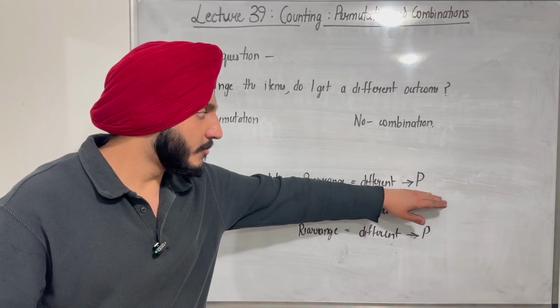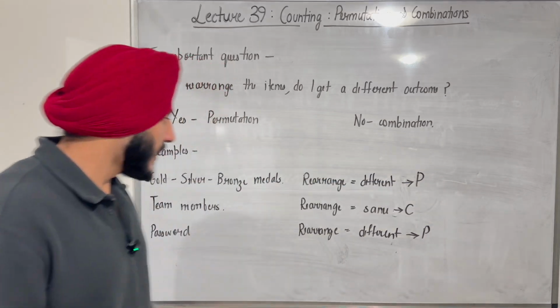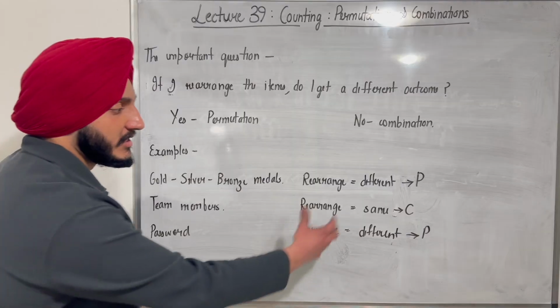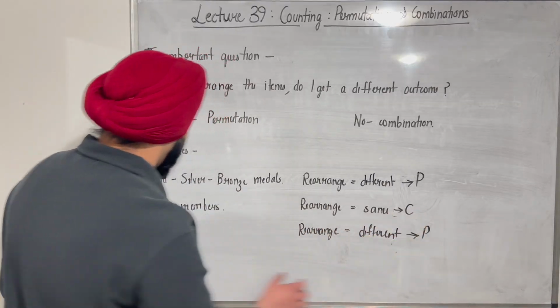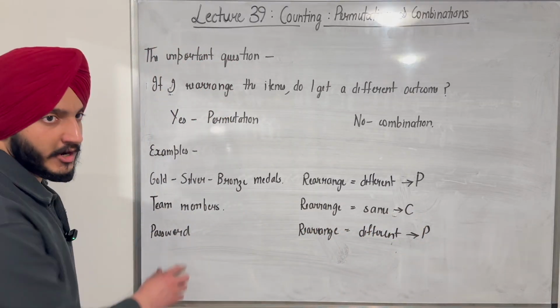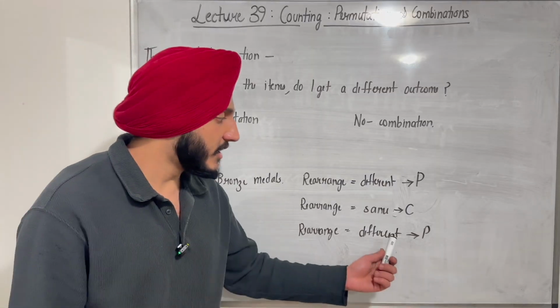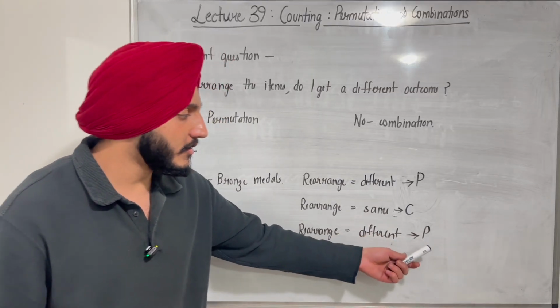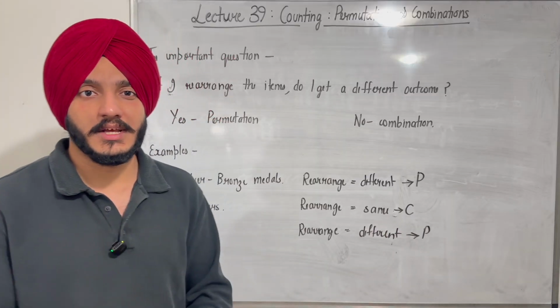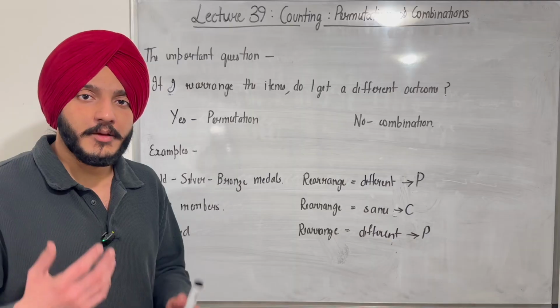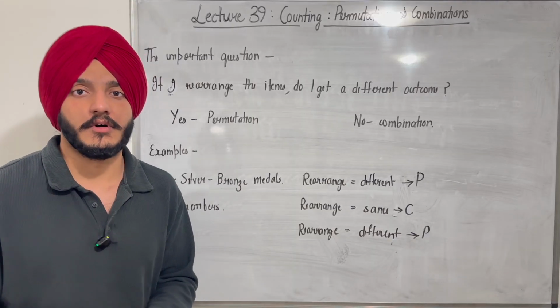So that's why it would be a permutation, right? Okay. Team members, if you rearrange the team members, that would be the same thing. That's why it's a combination. And for the last one, password, right? So think about if you arrange the letters of a password, that would result in a different password. So that's why it's going to be a permutation in this case. Okay, so I hope you were able to understand permutations and combinations. Now I'll be giving a bunch of questions for you guys to solve.